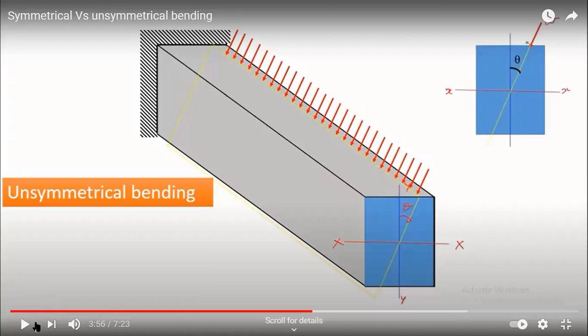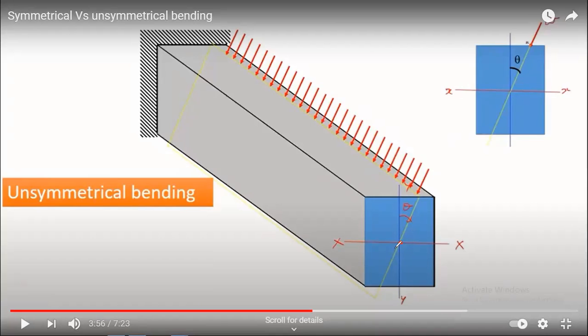One point here I would like to tell you. You should be very clear that in any beam, whether the load is vertical or inclined, the load will always pass through the centroid of the section.